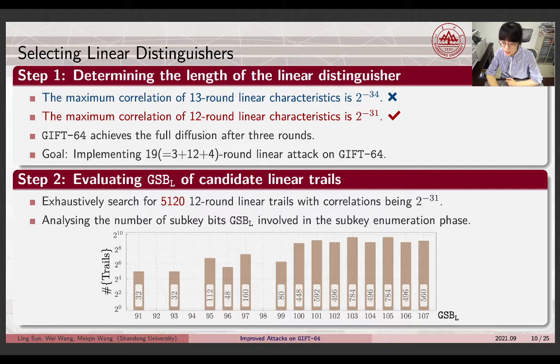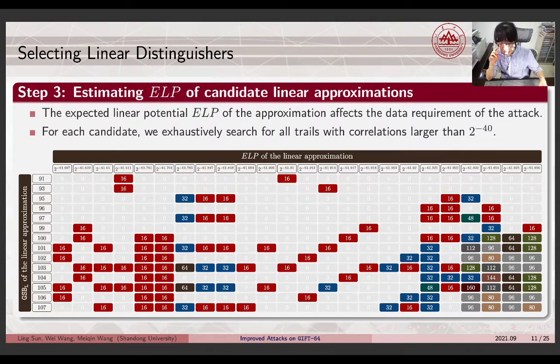A rough estimation indicates that all the 5,120 trios have the potential to launch valid 19-round key recovery attacks. Then we move to the next step.